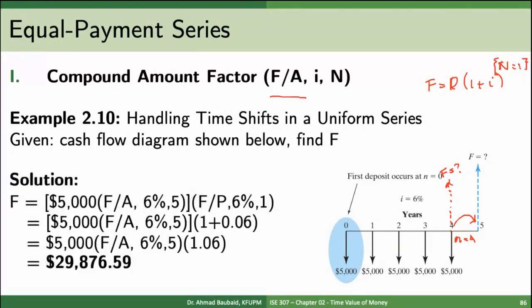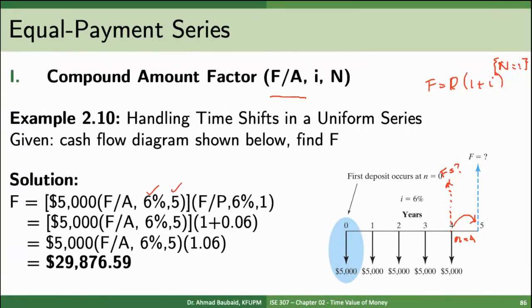And so that's what the slide says. Again here, you see why we use this notation, because it's kind of convenient and I don't have to write complicated formulas. If I just say this, you know what to substitute here, or you can use a table, right? And so here you take a 5,000, you apply the compound amount factor for the equal payment series, 6%.